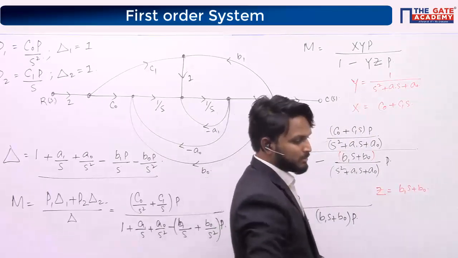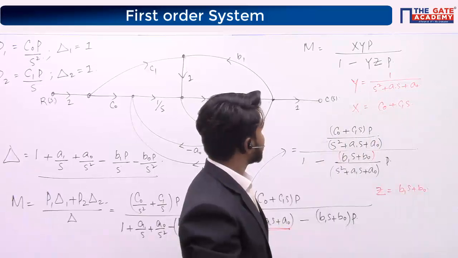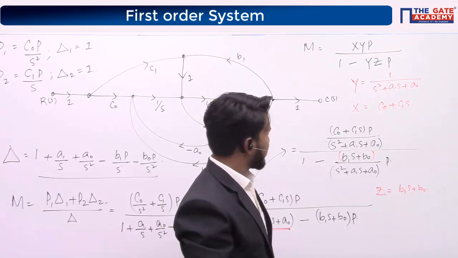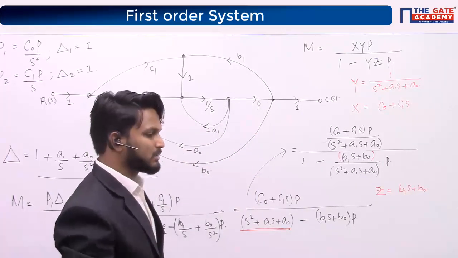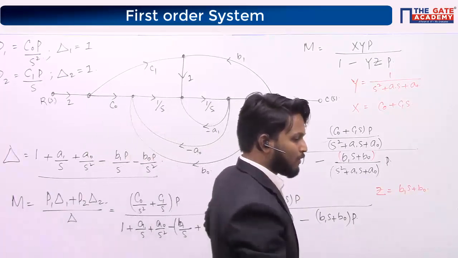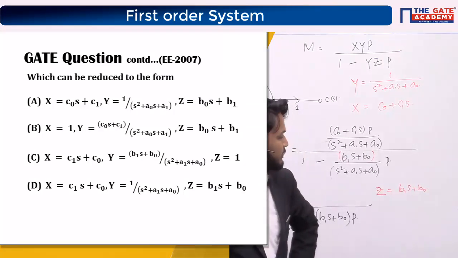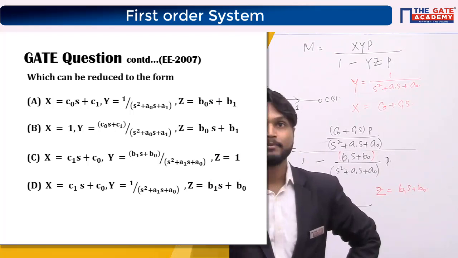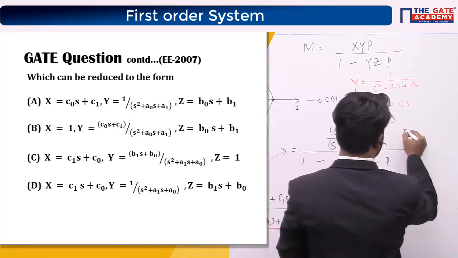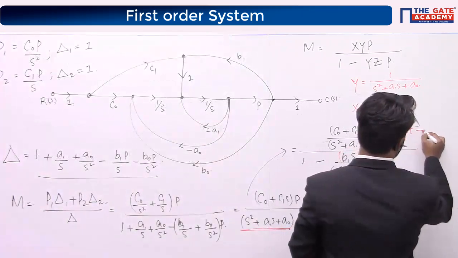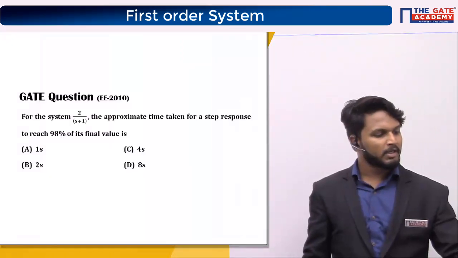So which option is matching these? x is equal to c1 s + c0, y is equal to 1 by s² + a1 s + a0, and z is equal to b1 s + b0. Which option is matching? Option B. So just solve this particular problem.